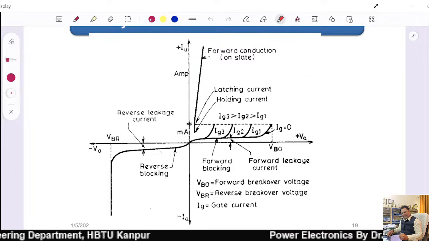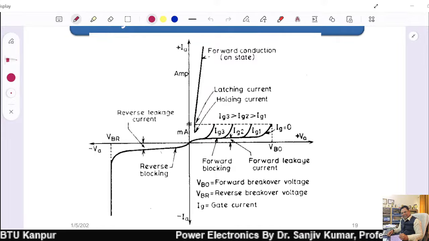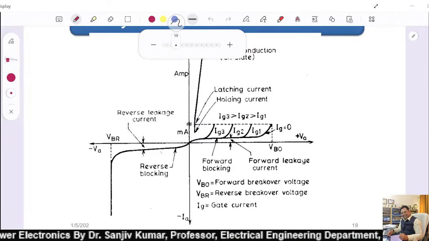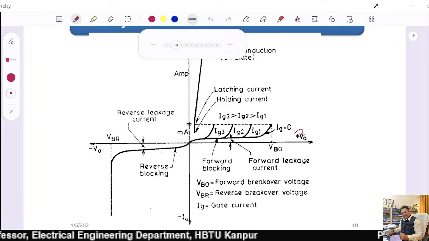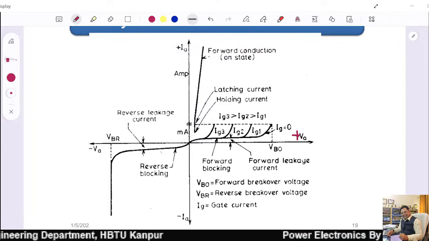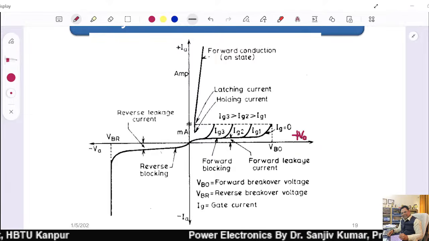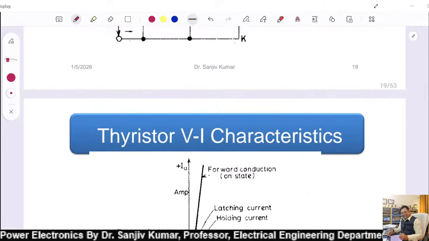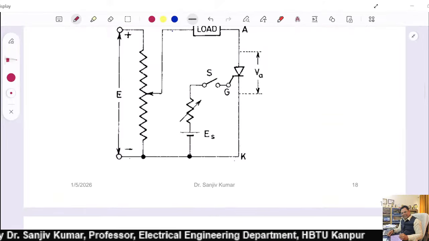Let me increase the width. Okay, fine. So this voltage VA is the voltage which appears between anode and cathode.